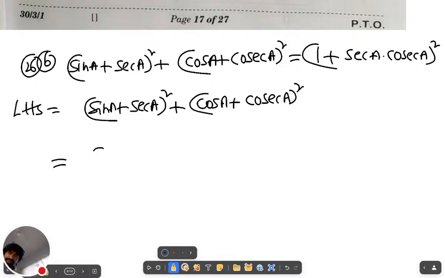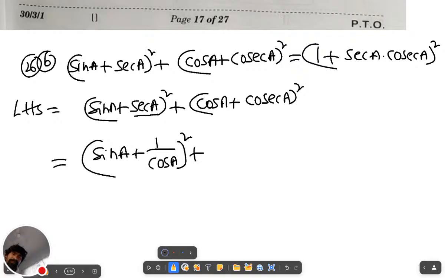Now sin a plus, this sec a can be written as 1 by cos a, whole square, plus cos a plus, this cosec a can be written as 1 by sin a, whole square.